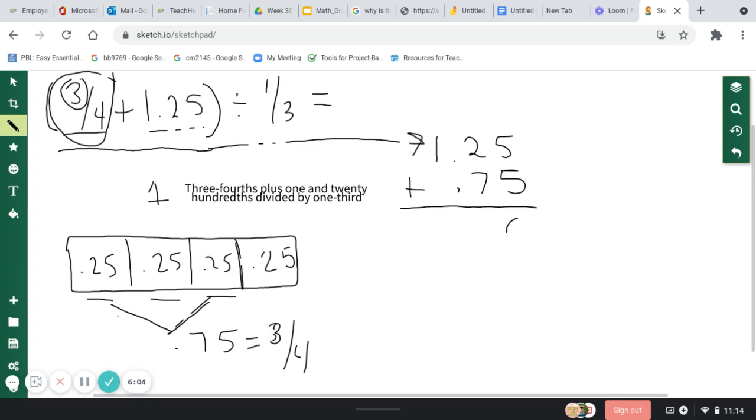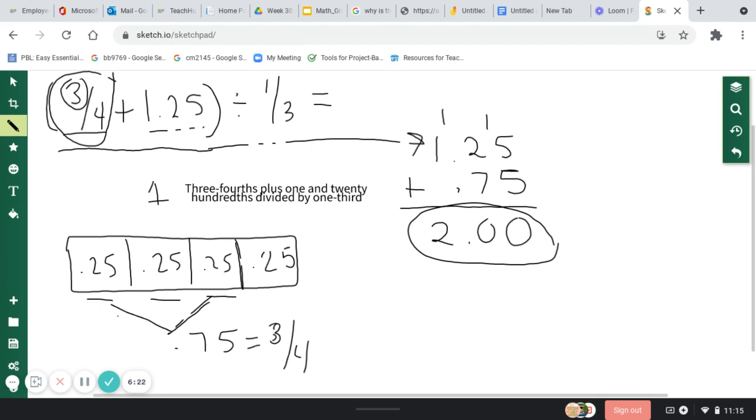Excellent. So after we add these two decimal numbers, we are left with the whole number 2.